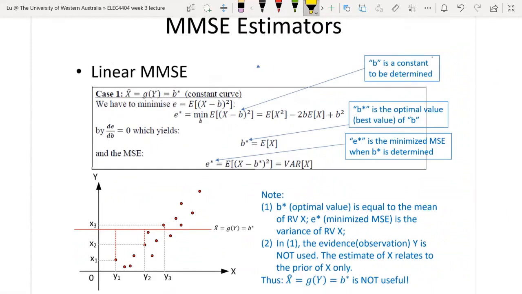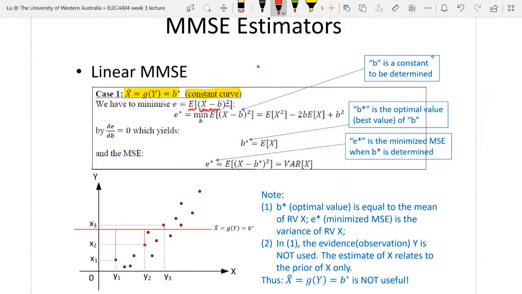Case 1. So x hat is equal to a constant b here. We call this a constant curve. Of course, it's constant because y is not involved. Let's use the formula we studied to analyze this one. First of all, what is the mean square error? Mean square error equals the expectation of the square of x minus b, which should be the error.